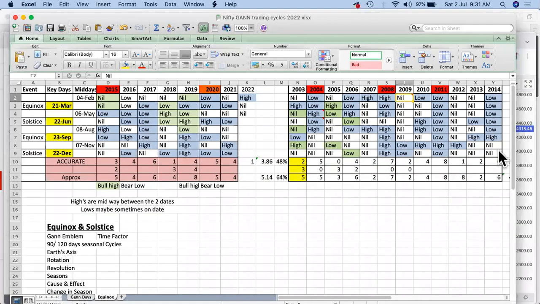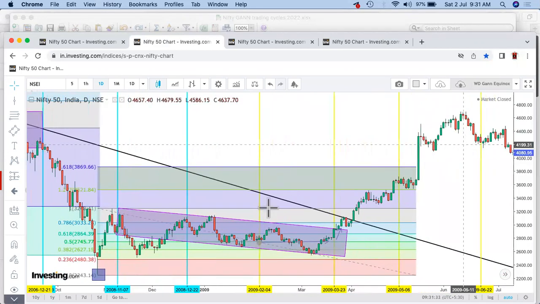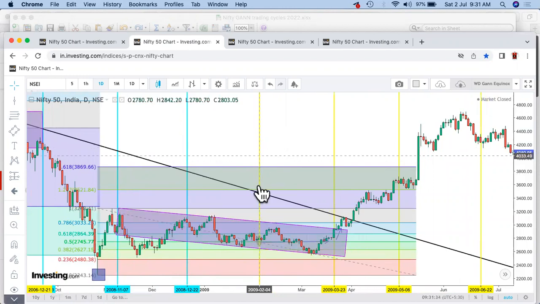So we saw the first date of February, then 21st of March, and we also saw it for May. Nothing specific in terms of high-low points, but yes, if you see, these are making us stations. This was a station, this was a station, again, this was a station, right?